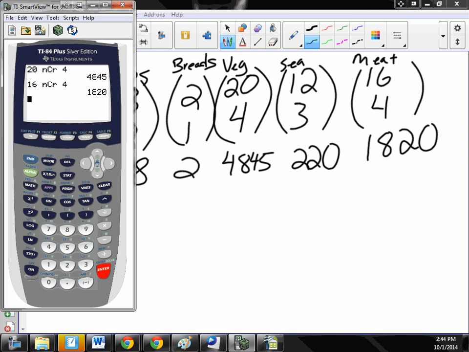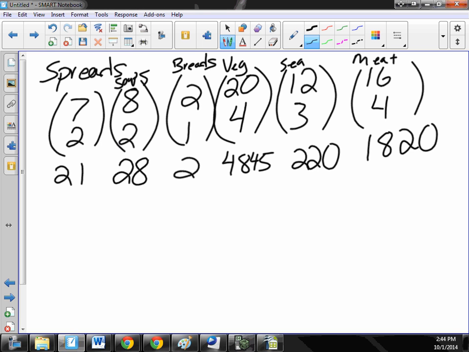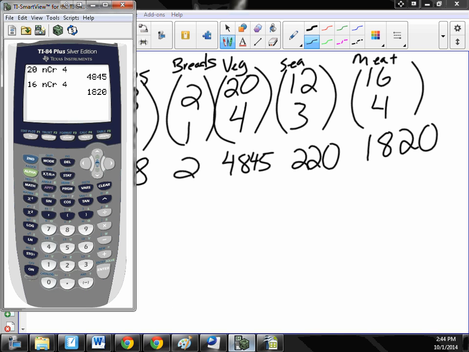If you had the choice between bread and soup and then 5 different meats, you could do bread with all 5 meats and soup with all 5 meats. So you multiply those together. So we need to multiply all of these numbers together. Yes, it's big. 21 times 28 times 2 times 4845 times 220 times 1820.